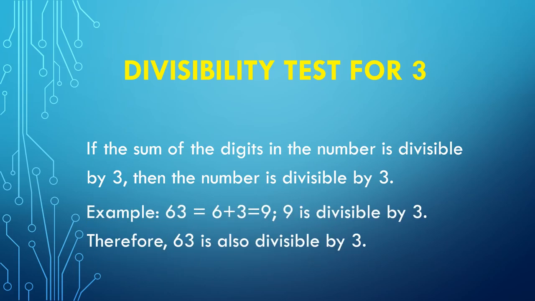For example, 63. 63 has 2 digits, that is 6 and 3. When we add those digits, 6 plus 3, the answer is 9. 9 is divisible by 3. Therefore, 63 is also divisible by 3.